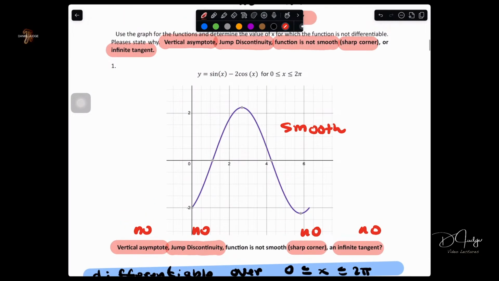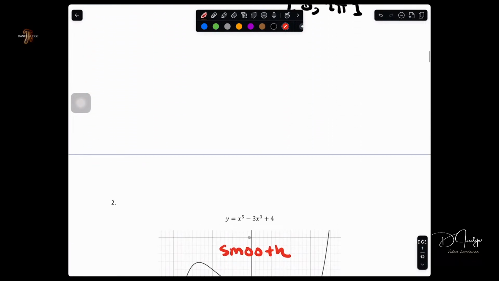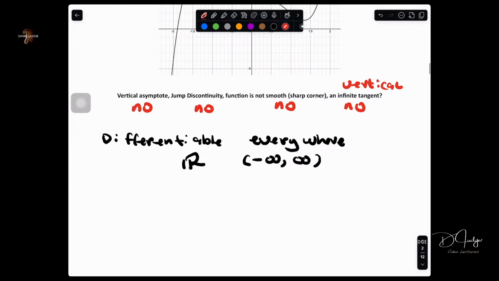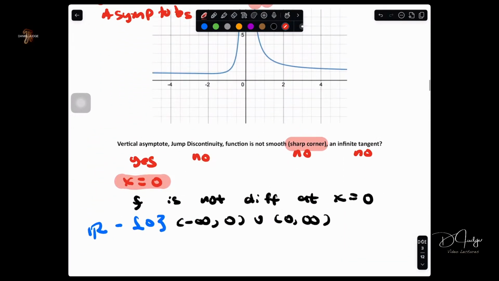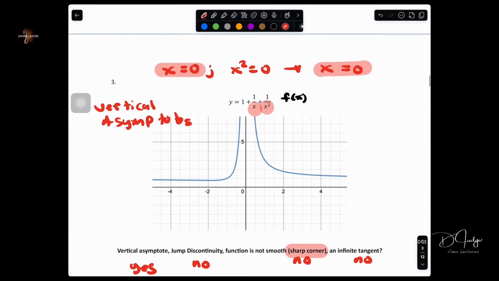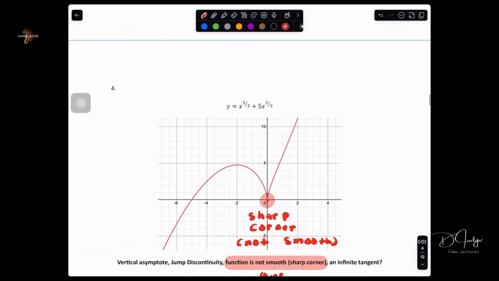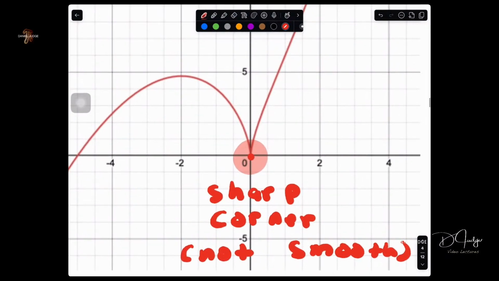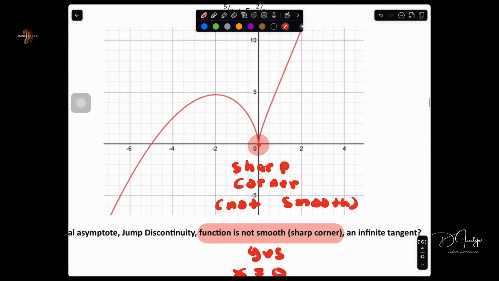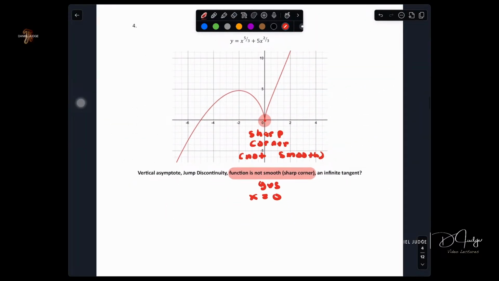There's no sharp corners at all. There's corners, but they're not sharp. This doesn't have any sharp corners. It's smooth, except there's a vertical asymptote at 0. This is smooth everywhere, but at this sharp corner at 0. That's where it's not differentiable.